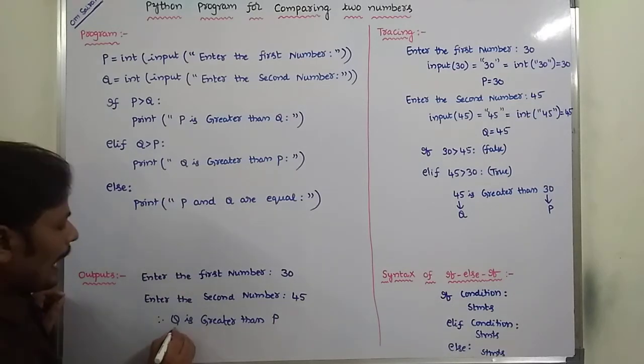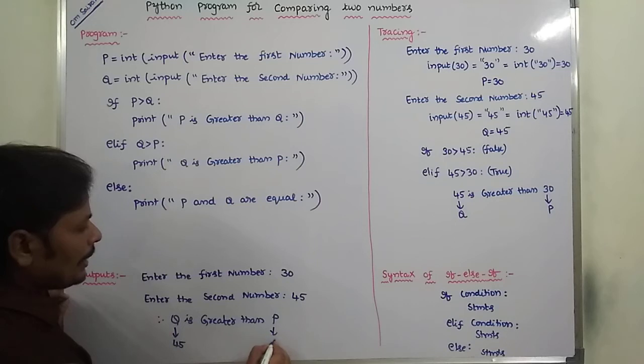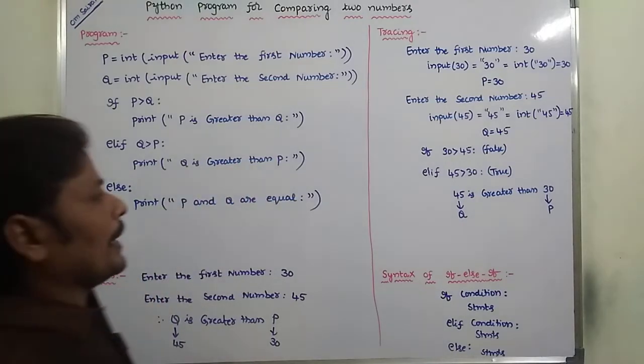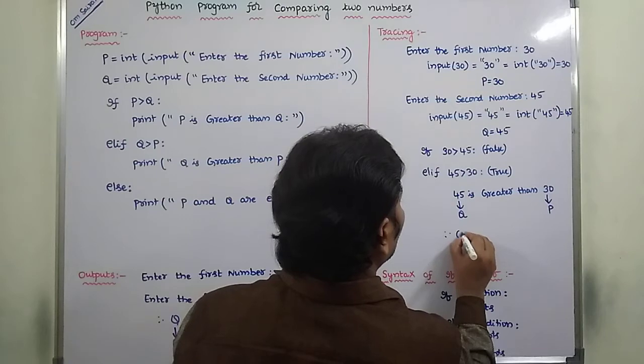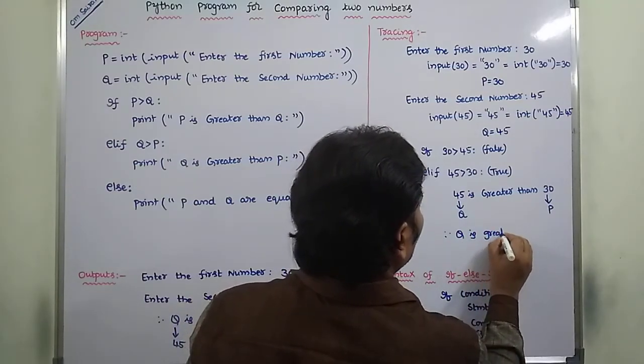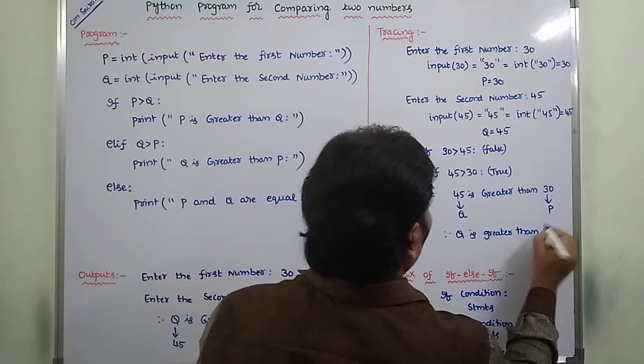Here q value means that is 45 and p value is 30. So 45 greater than 30, so this statement is executed. Q is greater than p. So now what is the output? Q is greater than p.